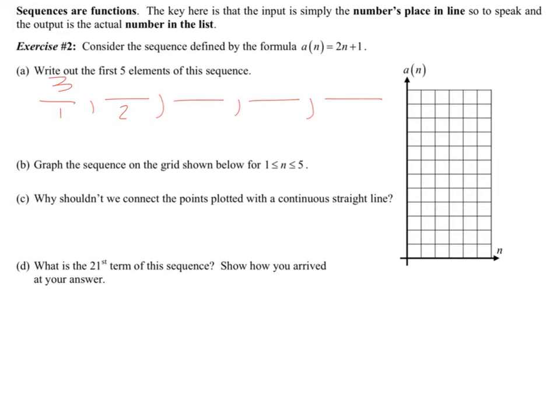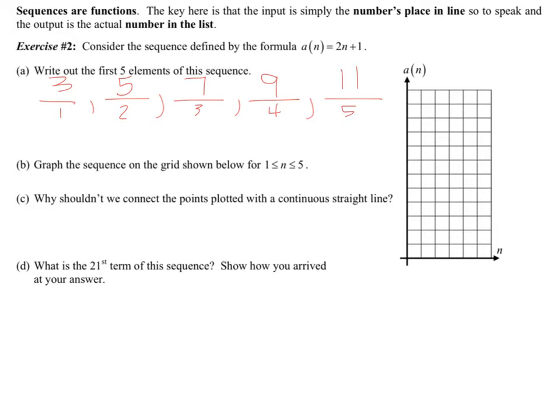Then our second one, 2 times 2 is 4, plus 1 is 5. Our third one, 2 times 3 is 6, plus 1 is 7. Our fourth one, 2 times 4 is 8, plus 1 is 9. And our fifth number is 2 times 5, which is 10, plus 1 makes 11.